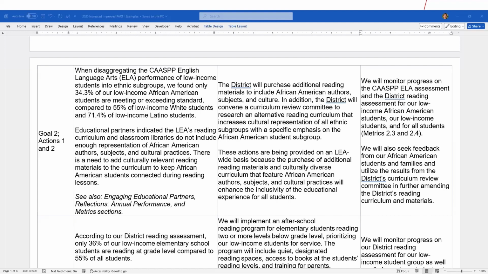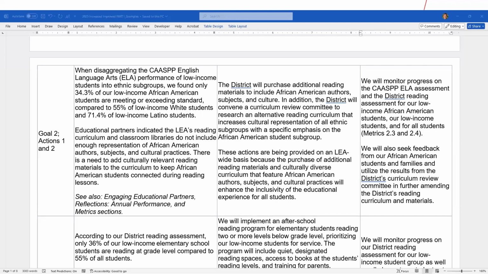Again, that next paragraph in this column has to explain why the district is providing these services on an LEA-wide basis and not just to low-income African-American students. So we're saying these actions are being provided on an LEA-wide basis because the purchase of additional reading materials and culturally diverse curriculum that feature African-American authors, subjects, and cultural practices will enhance the inclusivity of the educational experience for all students.